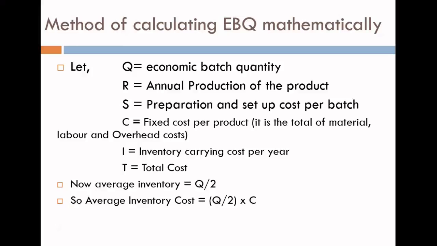So the inventory cost per product into the average inventory is equal to Q by 2 into C. Inventory carrying cost is average inventory cost into inventory carrying cost per year. So Q by 2 into C into I is the inventory carrying cost. And this is equation number 1.